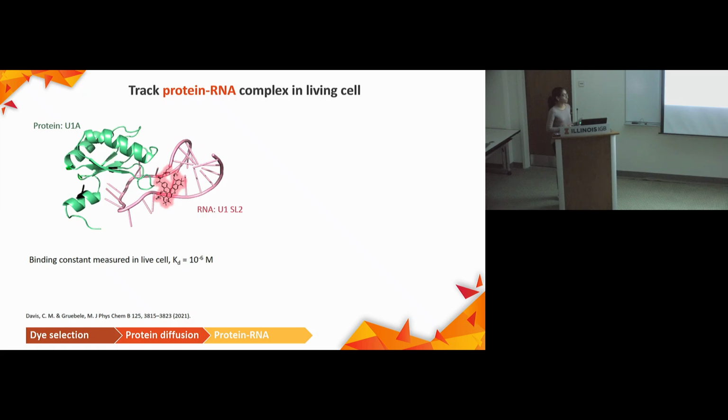And our group has looked at the binding of this complex inside live cells. We have characterized the dissociation constant to be in the micromolar range, which makes the system suitable for our applications and what we are planning to look at using MINFLUX. So again, the question is, how are protein-RNA binding and diffusion coupled inside the living cell?